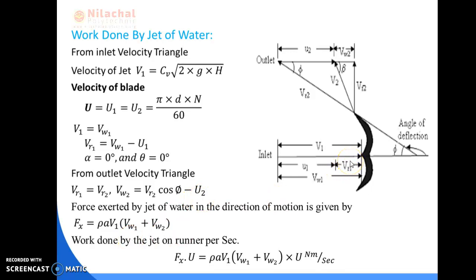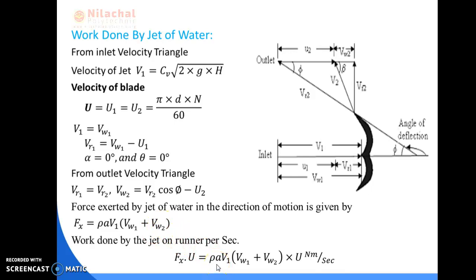In the earlier case of the impact of jet, we have already studied that the force exerted by the jet of water in the direction of motion is given by Fx is equal to mass of water striking per second into initial velocity minus final velocity. So now it is rho a V1 into (Vw1 plus Vw2).